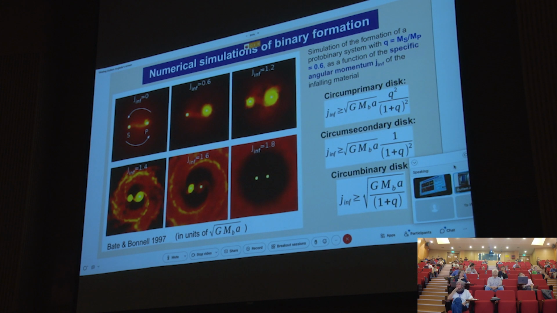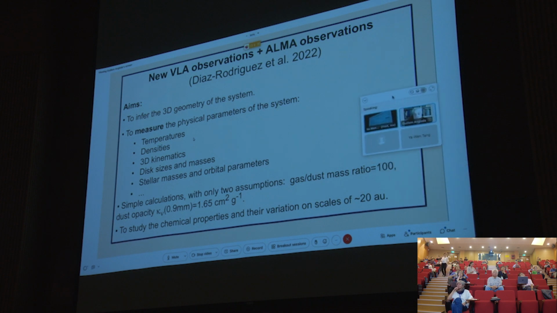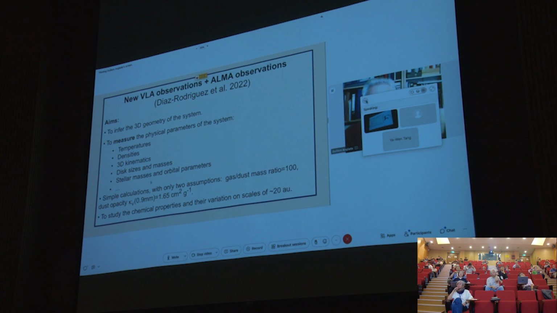To further study this, we undertook several years of VLA and ALMA observations in order to decipher the 3D geometry of the system and to estimate the temperatures, densities and all physical parameters. I will present a summary of the results obtained by analyzing these observations.